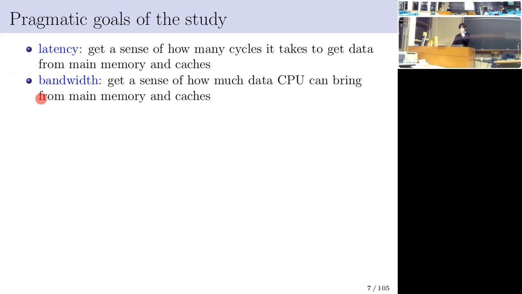Another thing is bandwidth. This is how much data can actually move between main memory and processors or caches. Just like you have to understand the latency and throughput of instructions when we talk about peak processor performance, you also need to distinguish between these two related but slightly different performance characteristics of the memory.